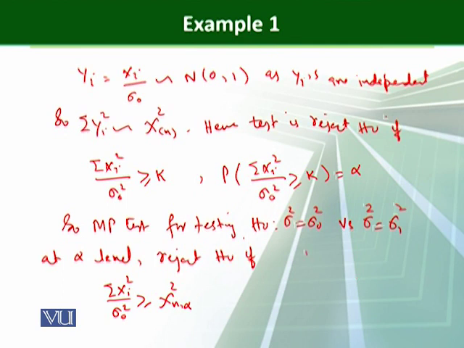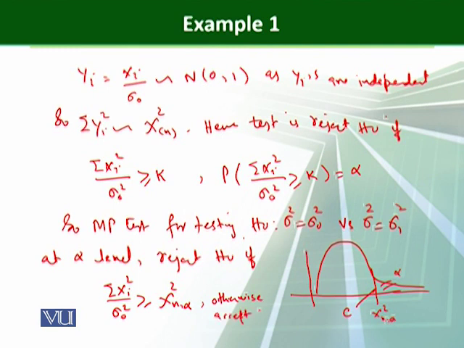So basically you can see that this is some sort of chi square distribution, and here is the value of chi square with n and alpha, and here is your alpha, and this line is C. In this situation we reject H naught if this holds, otherwise accept H naught. So this is basically the most powerful test if this condition holds.